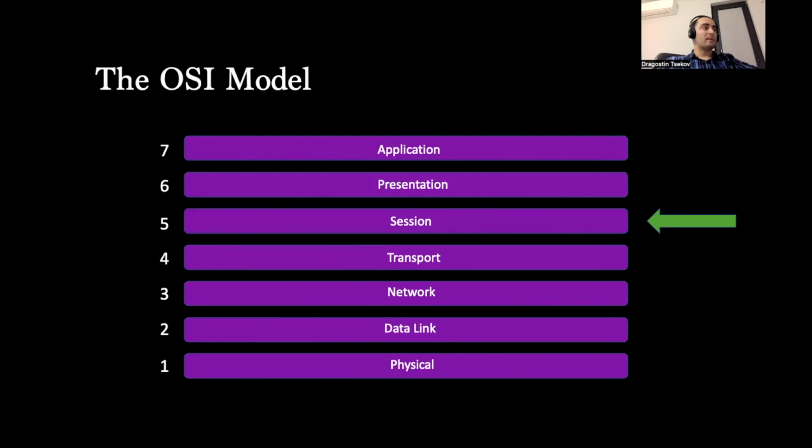It deals with establishing and managing, the opening, the closing of a given session. So in general, it basically grabs information from the presentation layer, sends it down to the transport layer, and then it does the reverse thing on the other end. For example, full and half duplex communication is an example of something that's happening on the session layer.